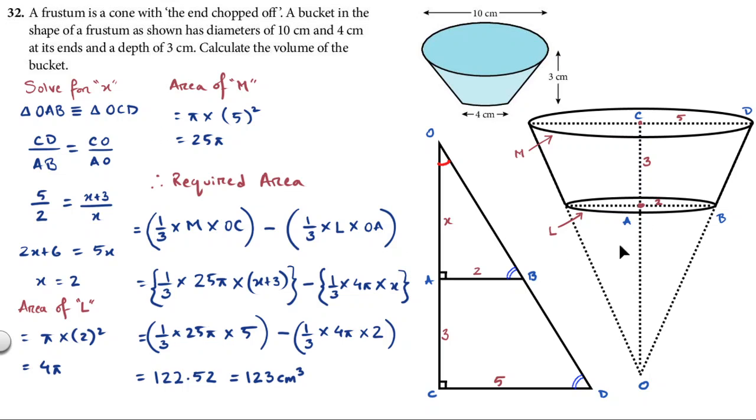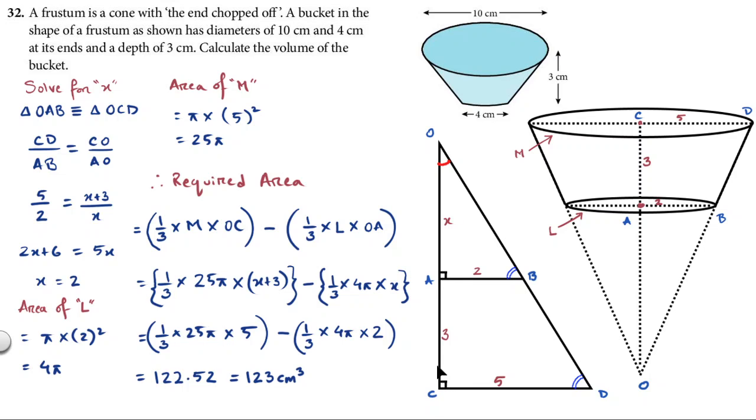So after I've inverted, this is X, this becomes 2, this remains 3, and this becomes 5. Okay, now you see that these two triangles, OAB and OCD, are similar. The reason is this angle is common on both the triangles. This is 90 degree, this is 90 degree as well.